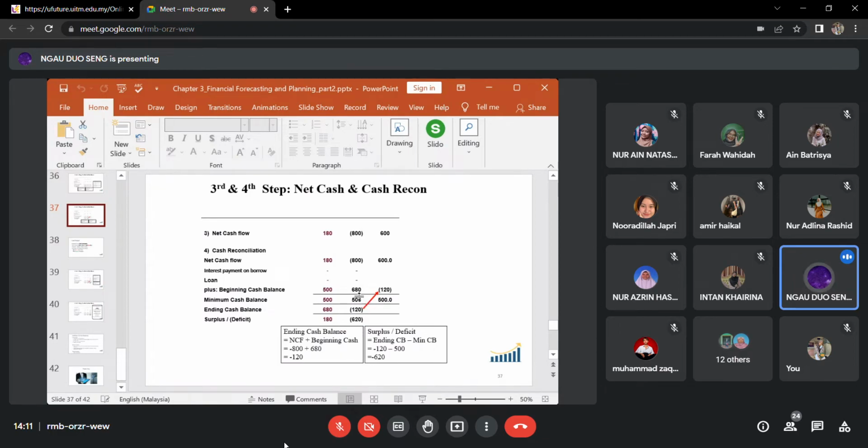You remember we need to minus the minimum cash balance. So kita short 620. So kita tak cukup. In February, we have not enough money. How much we are not enough? 620. Right, so this one ending cash balance adalah meaning what beginning cash balance for March. All right, so far any question?